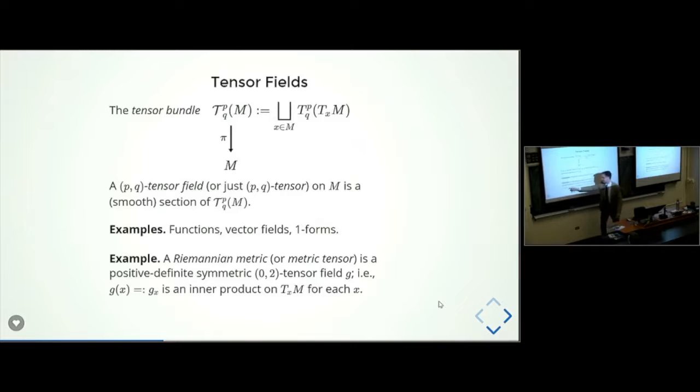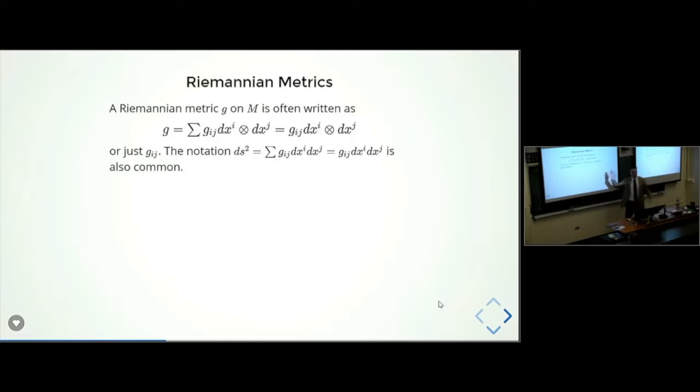At each point, an element of the 0,2 tensor space is an inner product. And so I'm getting an inner product on each tangent space, and it varies smoothly as I change my base point. I'm just showing you notation so that if you ever encounter these things, you aren't completely scared, because I still get scared, and I've been looking at these things for a long time.